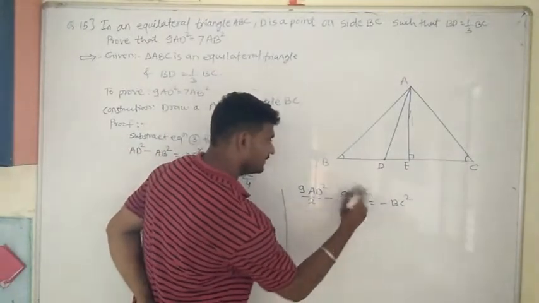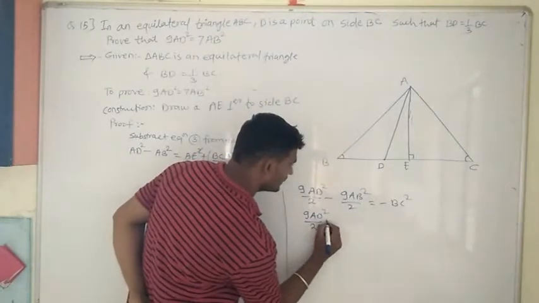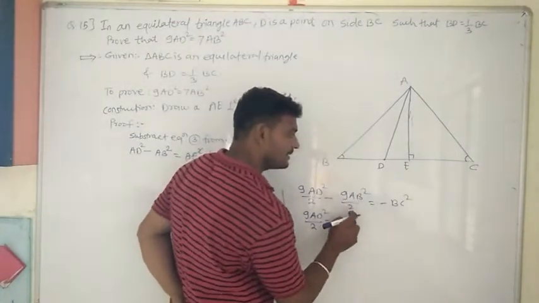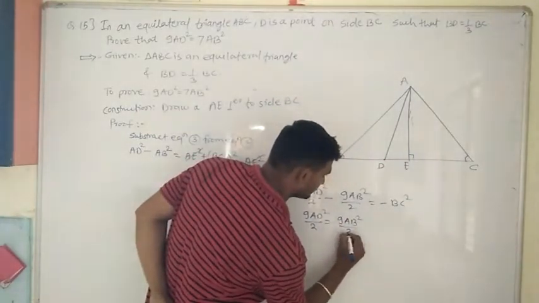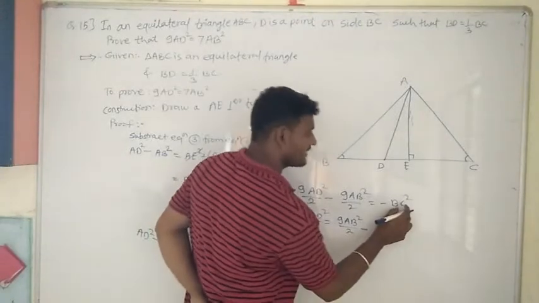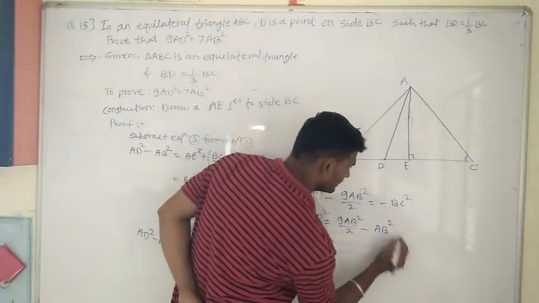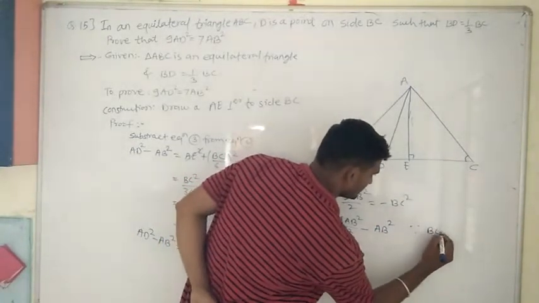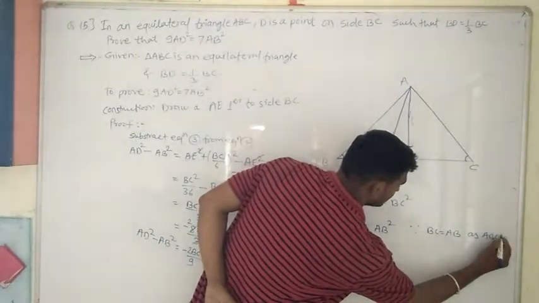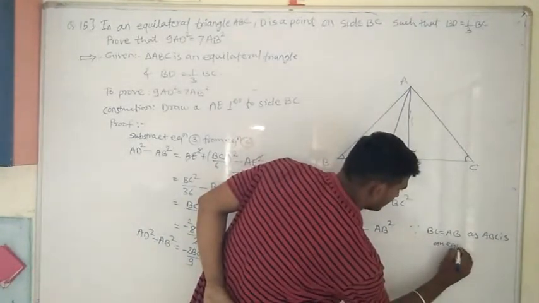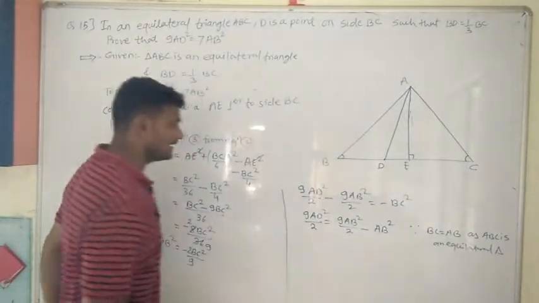And send these terms towards the right hand side. 9 times AD square divided by 2 is equal to, send this 9 AB square divided by 2 towards the right hand side, it will become plus 9 AB square divided by 2, and this minus BC square, instead of BC I will write AB square, since BC is equal to AB, as ABC is an equilateral triangle.